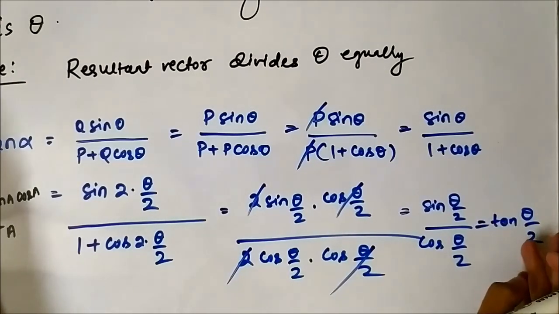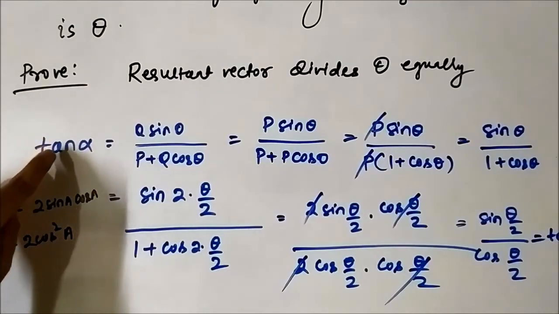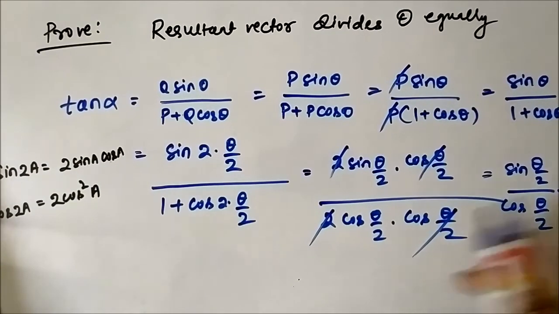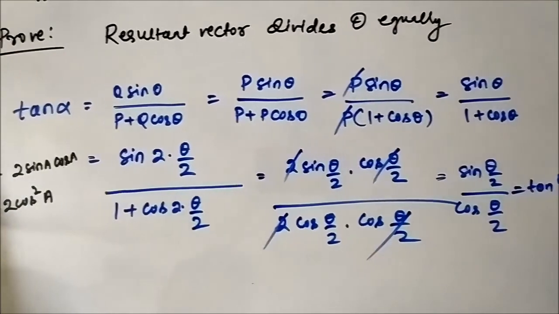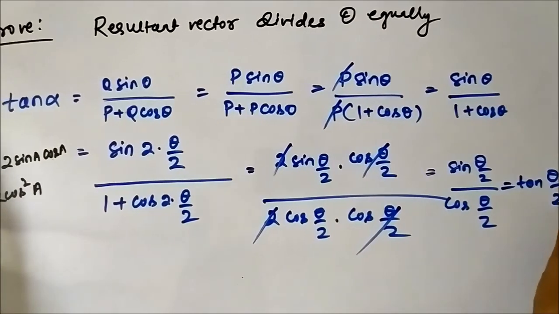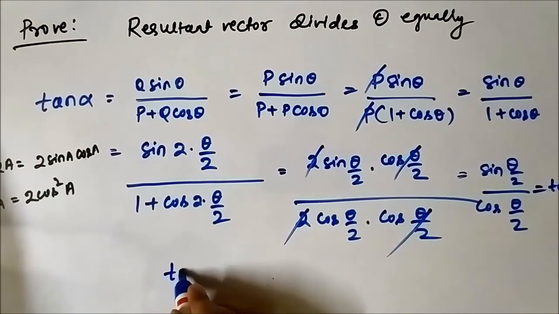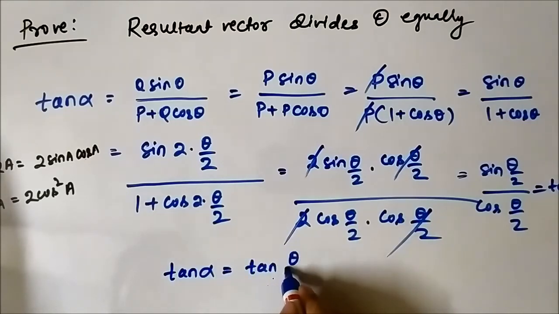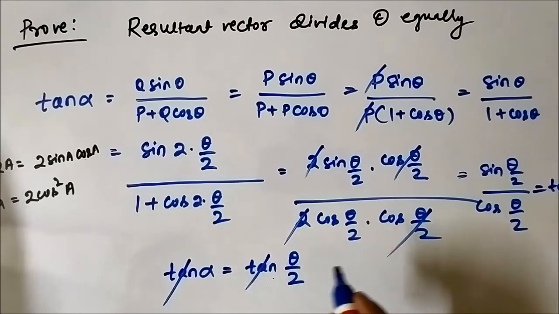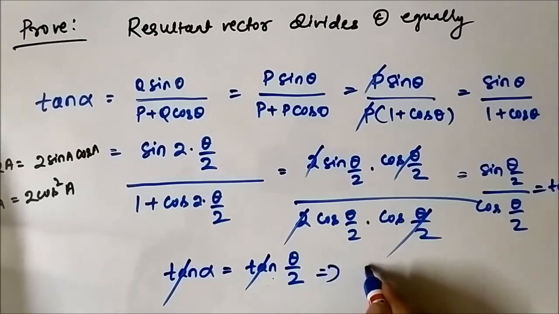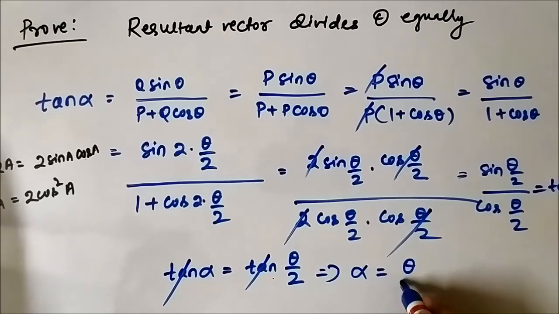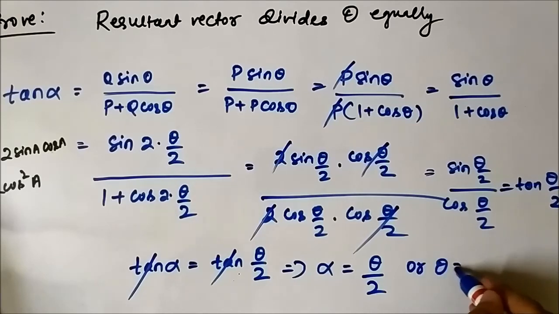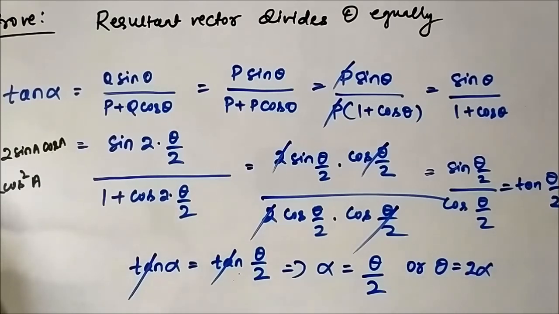If we compare the LHS and the RHS, the LHS is tan alpha and the RHS is tan theta by 2. So we can equate them: tan alpha is equal to tan theta by 2. If we cancel tan and tan, alpha is equal to theta by 2, or theta is equal to 2 alpha.